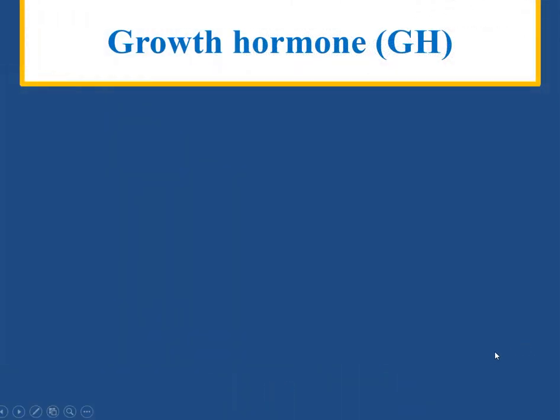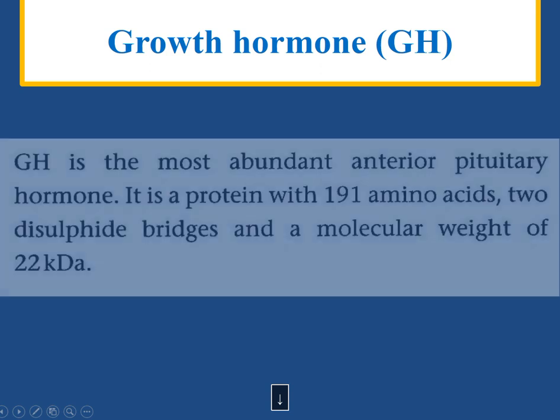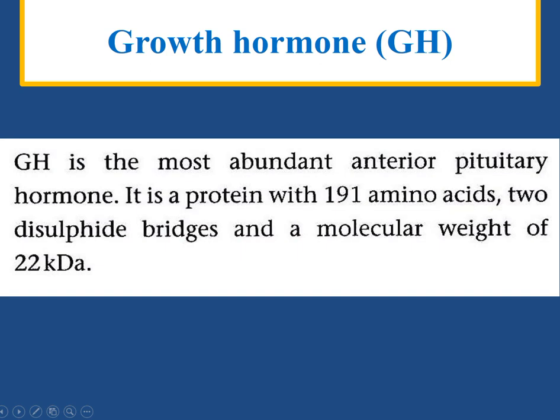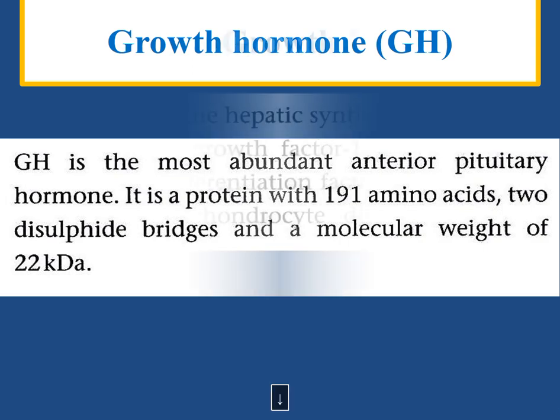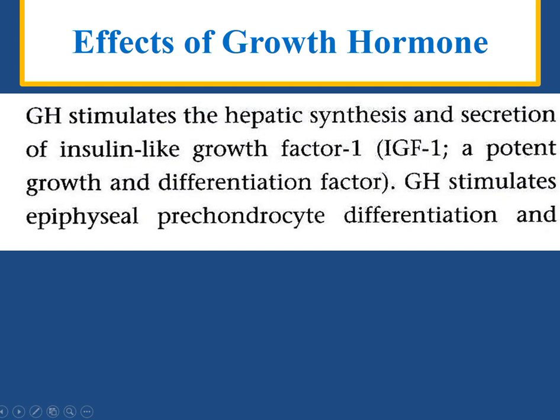Growth hormone is the most abundant anterior pituitary hormone. It is a protein with 191 amino acids with disulfide bridges and a molecular weight of 22 kilodalton. Growth hormone stimulates the hepatic synthesis and secretion of insulin-like growth factor 1, IGF-1.